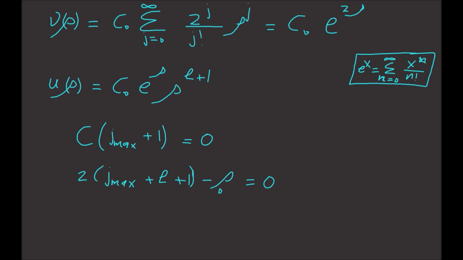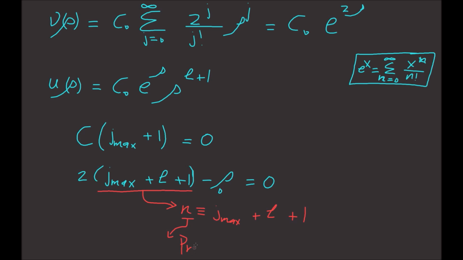Let's take this and give it a variable. Let's call it n. So we're going to define n as j max plus L plus 1. And this n variable, there's a name for it. Can you guess what this is called?